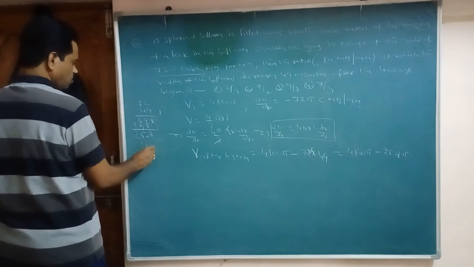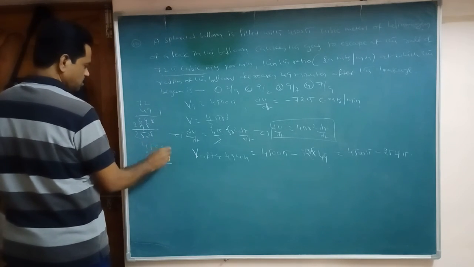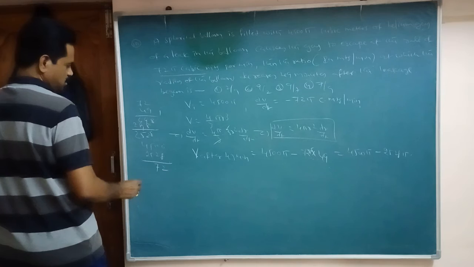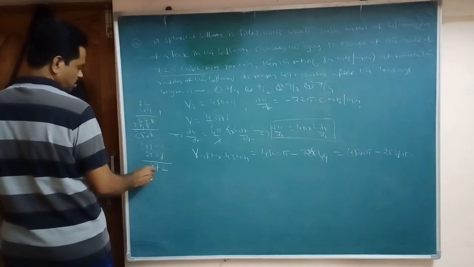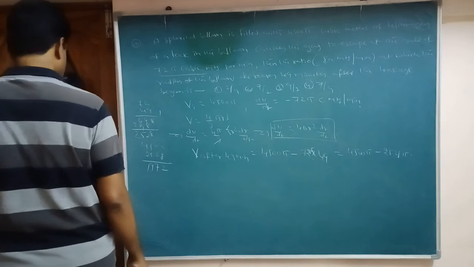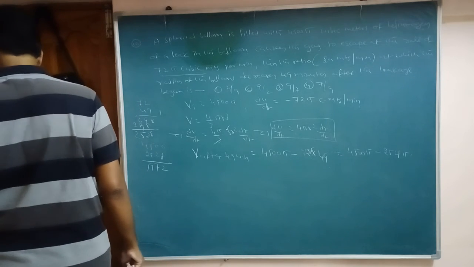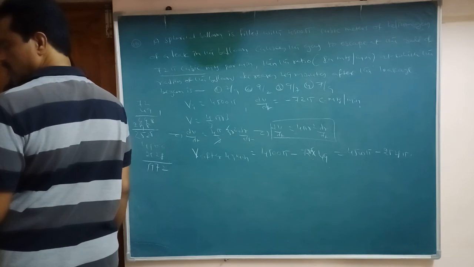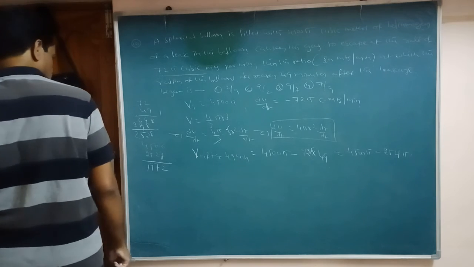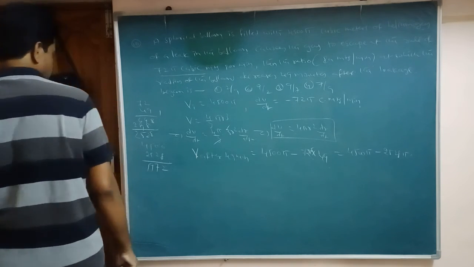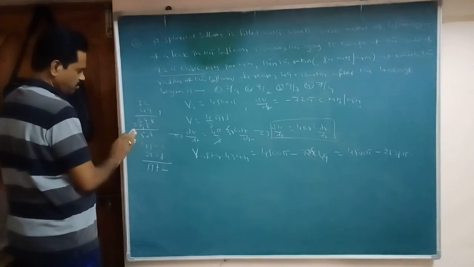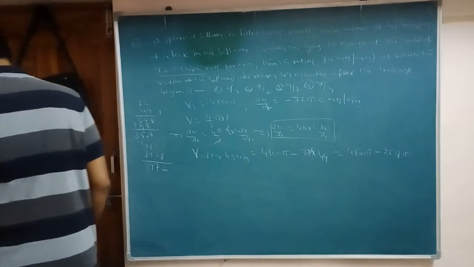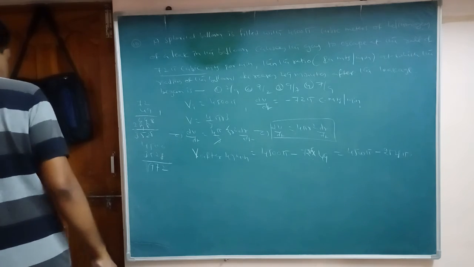Subtracting here, 4500 minus 3528, 972 will come here. So it is 972 pi volume.